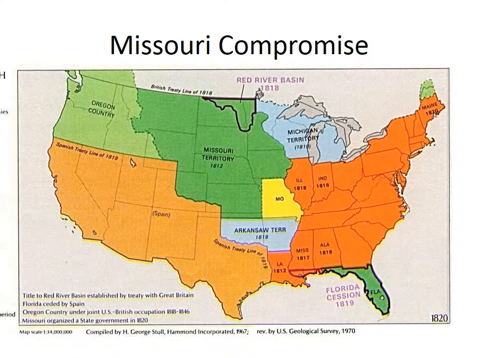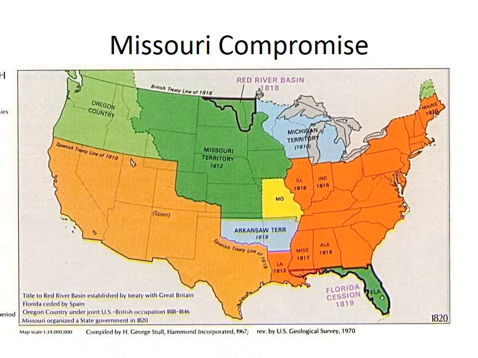The issue of slavery is going to come up again and again as we expand westward, and we're going to end up with something called the Missouri Compromise. It's going to let Maine enter as a free state and Missouri as a slave state, and it sets the boundary for slavery at the 36°30' parallel. The 36°30' parallel is this line right here.